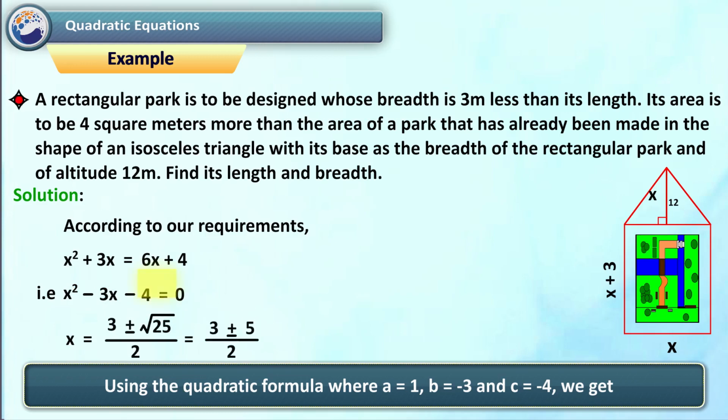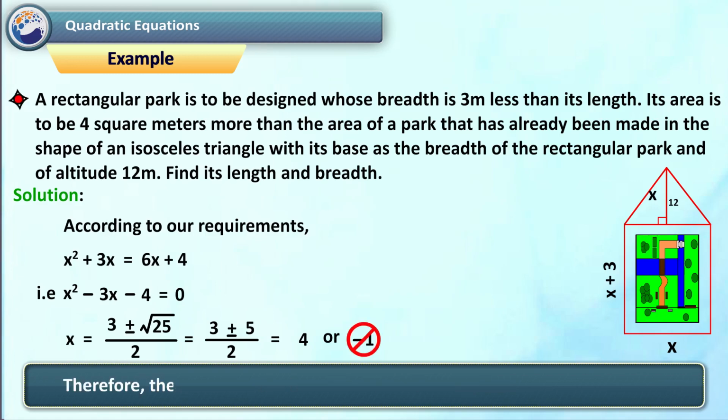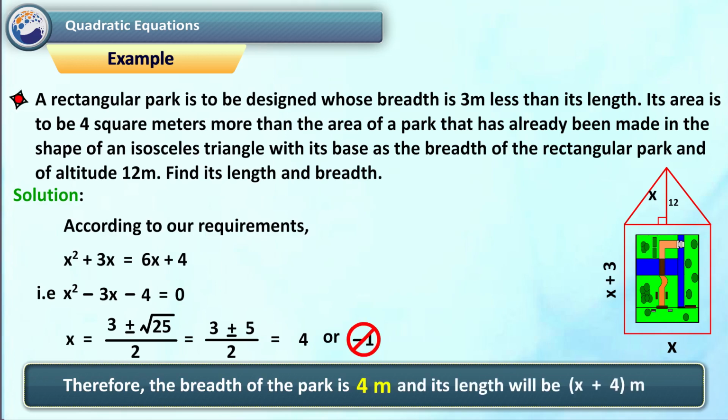That is equal to 3 plus or minus 5 upon 2, which is equal to 4 or minus 1. But x is not equal to minus 1 as the breadth cannot be negative. Therefore, the breadth of the park is equal to 4 meter and its length will be 7 meter.